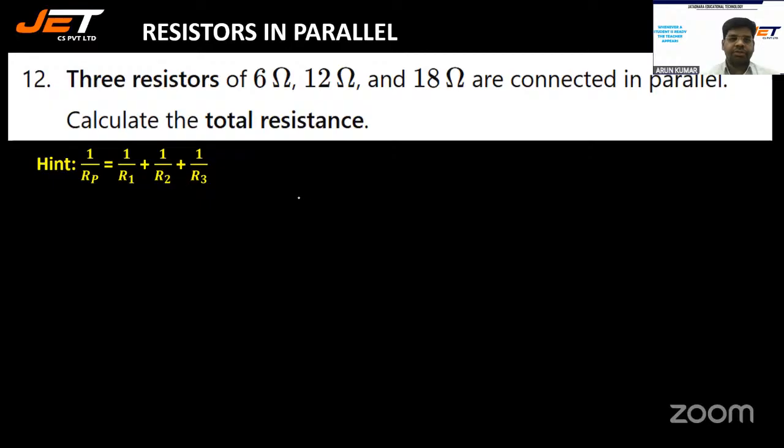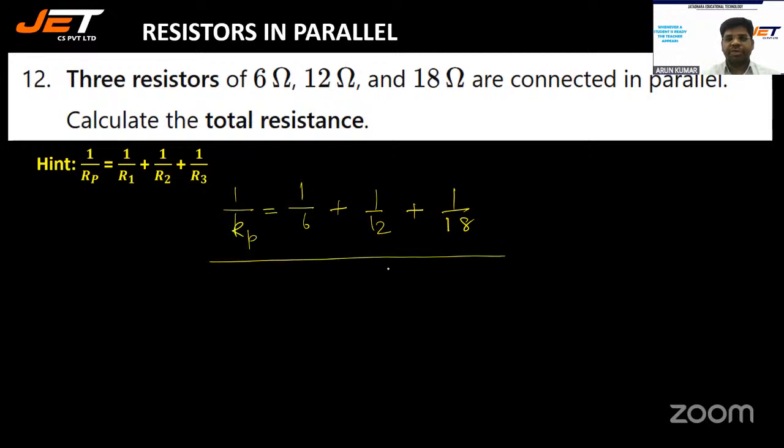All right, so what is it? 1 by 6 plus 1 by 12 plus 1 by 18 is 1 by RP. దీన్ని సింప్లిఫై చేయండి ఇప్పుడు. ఎలా చేస్తారు?